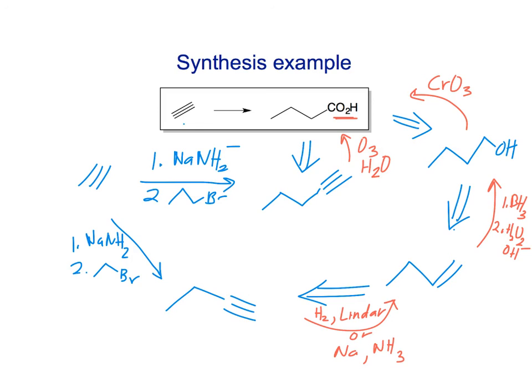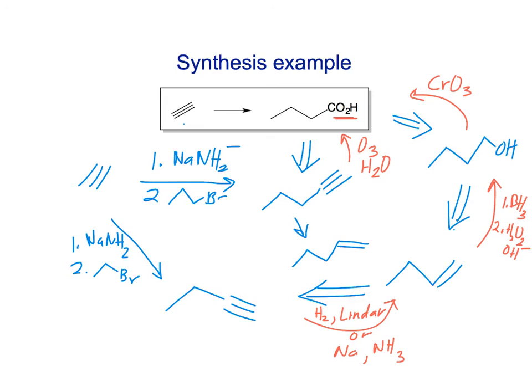Are there other ways? Well, probably. I'm thinking of another way that I just see right now. I'm just going to do this kind of quickly. We could go from this alkyne, we could hydrogenate it to this alkene, right?